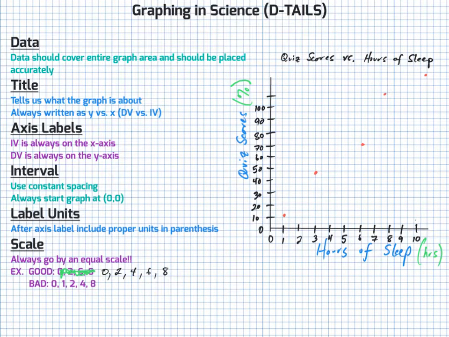With scale, we always want to go up by an equal scale, but we also want to use a scale that makes sense. For hours of sleep, it's a good idea to go up by 1 hour. For quiz scores, it's good to go up by tens because that gives us a little more accuracy. If we went up by, say, 20 or 25 to get up to 100, we might not get our data plotted as accurately as we could.